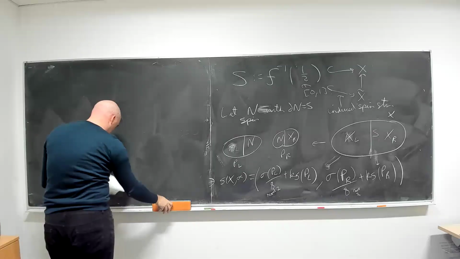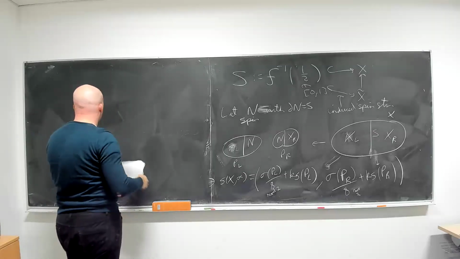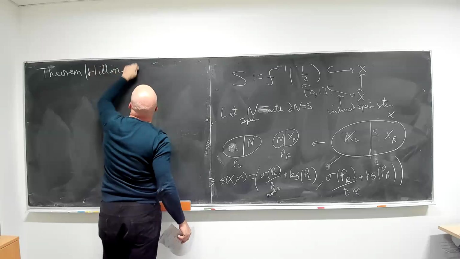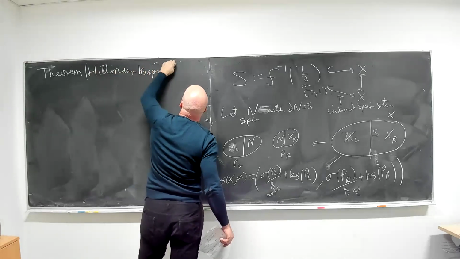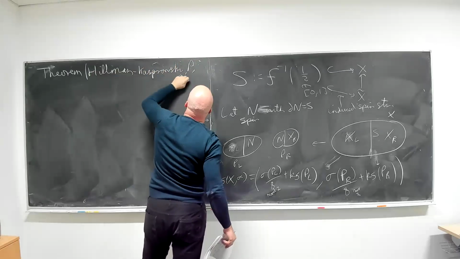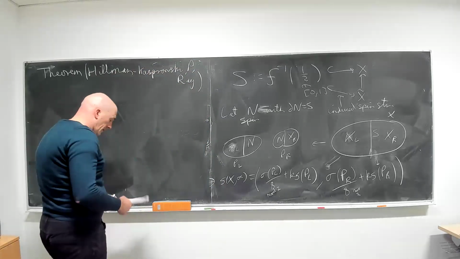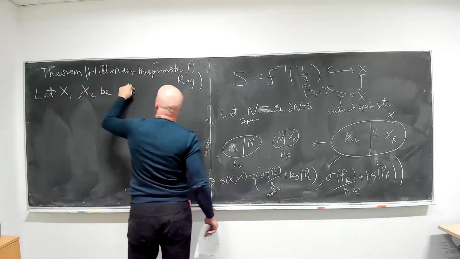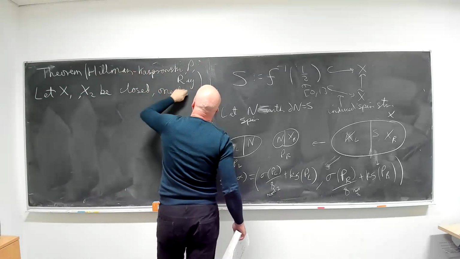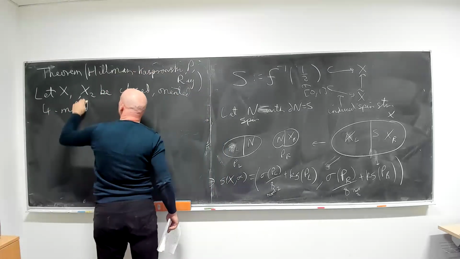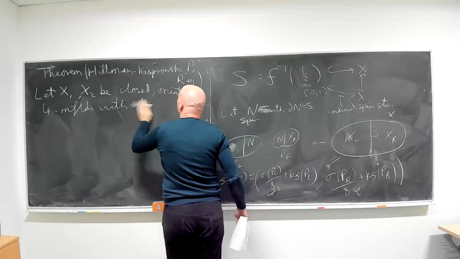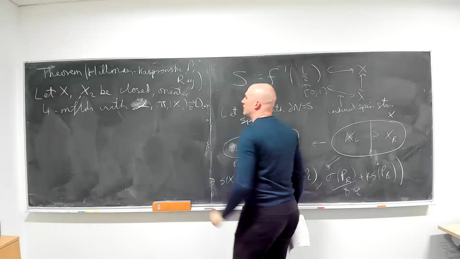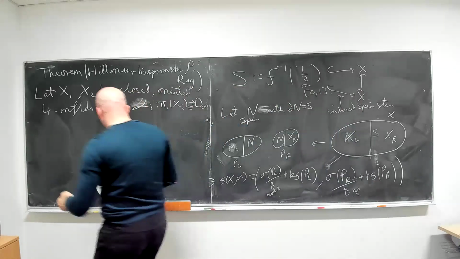So I can formulate the theorem. Okay. So let X1 and X2 be closed oriented 4-manifolds with maps alpha_i to D infinity.